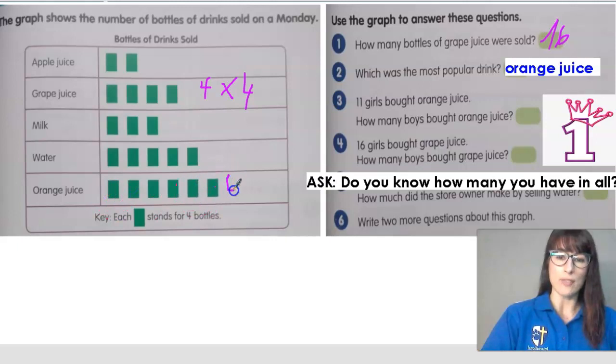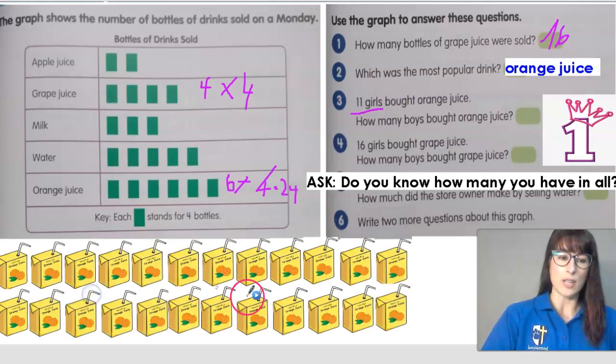So we're going to have to multiply here again. 6 multiplied by 4 equals 24. So now we know the total of how many orange juices were sold. Well, now we know that 11 girls bought it. Now let's look at the pictures; that's going to help you to solve the problem. We'll circle the 11 girls that bought the orange juice.